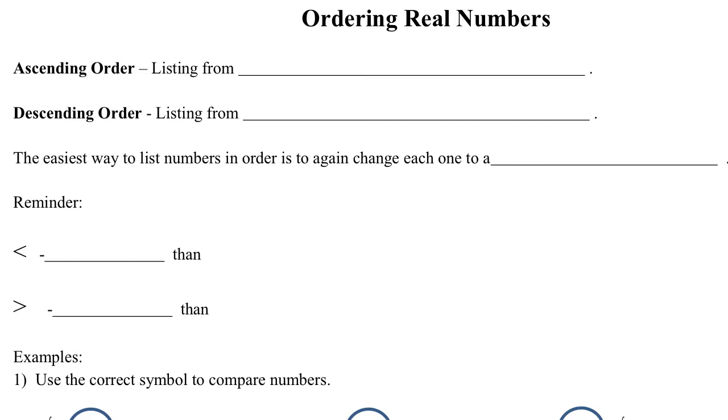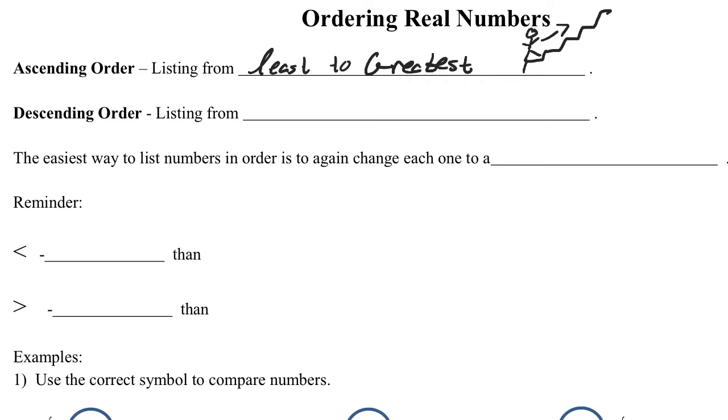First thing, we want to be able to work with a list of numbers and write them in ascending and descending order. Ascending order is listing them from least to greatest, right? I like to think of this in terms of a staircase. When you have a staircase, you would ascend that staircase when you're going up.